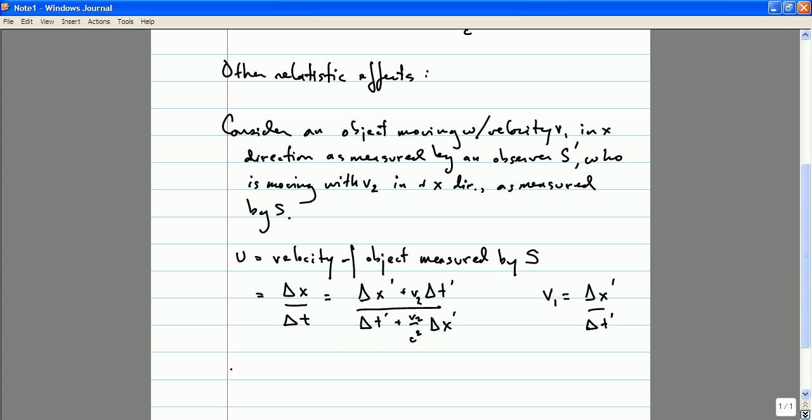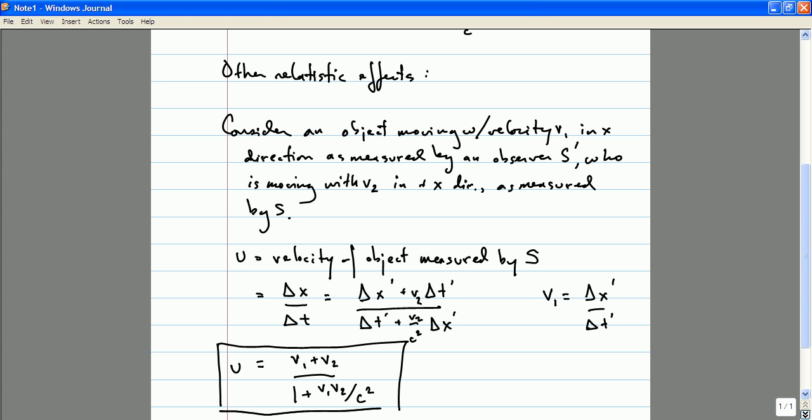So I can rewrite this formula by dividing the numerator and the denominator by delta t prime, and then the numerator becomes v1 plus v2, and the denominator becomes 1 plus v1 v2 divided by c squared. And this is known as the velocity addition formula.